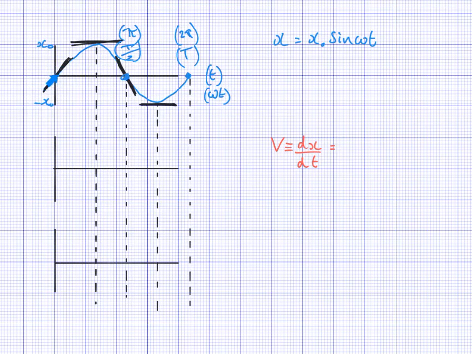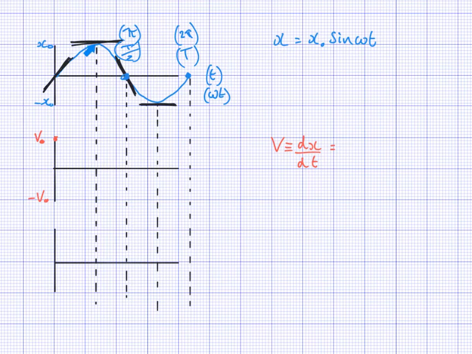So this 0 point, we put this nice thick black line on here representing the largest positive slope. So hopefully you can see that that means we're going to be starting at the largest possible positive value on our v-t graph. So this is going to be my maximum, so that's my v naught, my maximum positive velocity, and then the bottom of my y-axis is negative v naught, the maximum negative velocity.